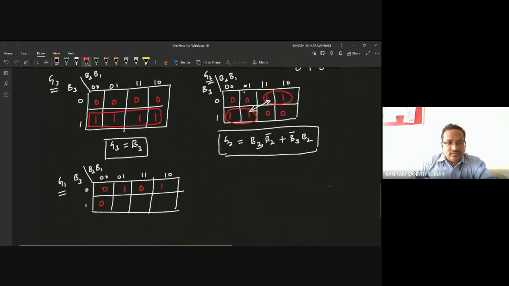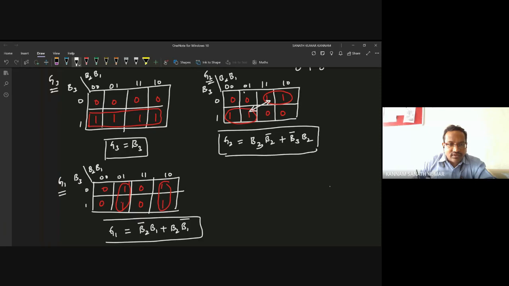This makes one pair, and this makes one pair. A pair will eliminate how many variables? One variable. So G1 equals B2 bar B1 plus B2 into B1 bar.